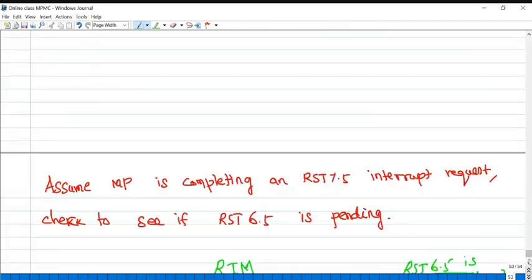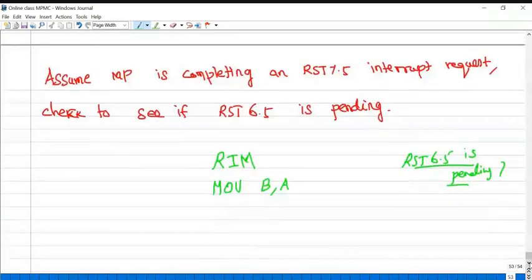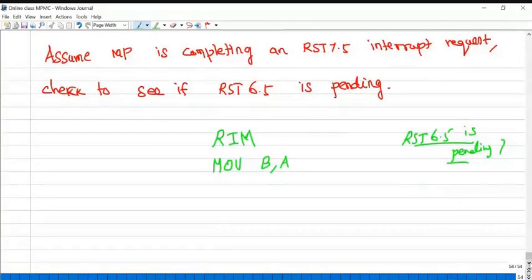So what I'm going to do is perform a logical AND operation between the accumulator and hexadecimal 20.